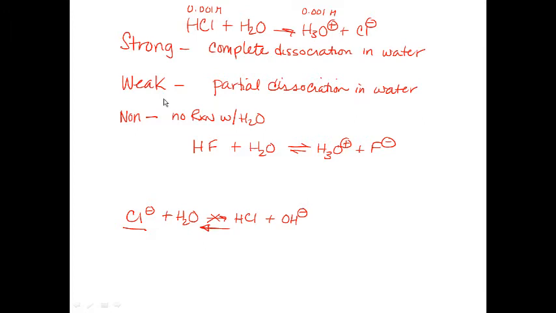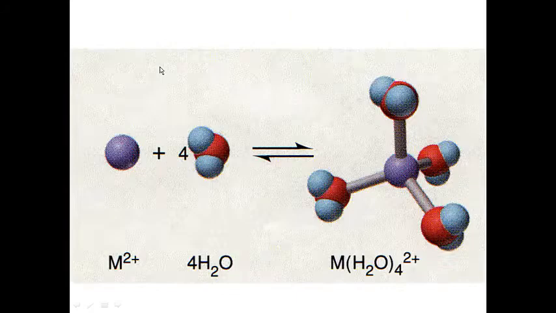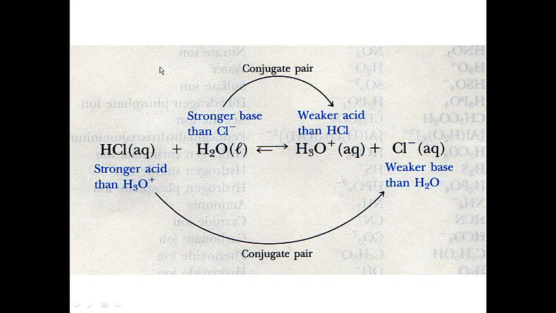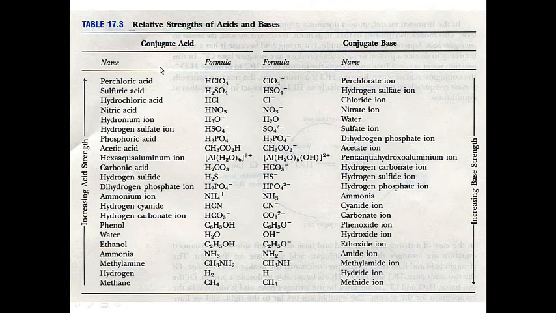So I classify acids and bases as being strong, weak, and non. And so if we go back to our chart of acids and bases, things like perchloric acid are at the top, so this is the strongest of acids.